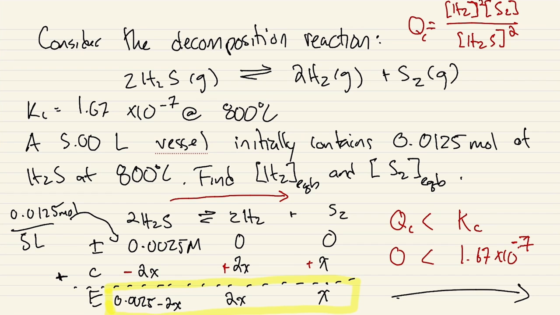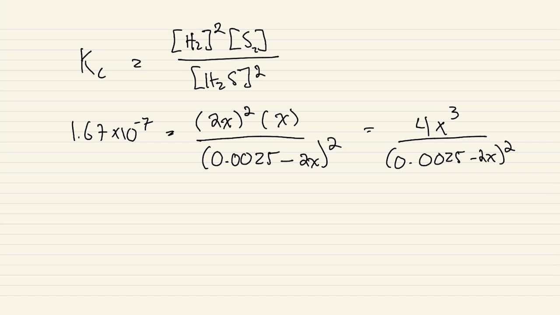So that means that this change is going to be very small as well. Comparing it to a value like 2.5, that's something like 10 to the minus 3. And this change is probably going to be on the order of 10 to the minus 7, right? So there'd be a 10 to the 4 difference between the two. It'd be about 1,000 times smaller. So we can use a small x approximation.